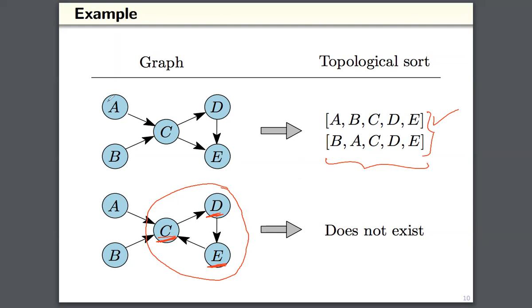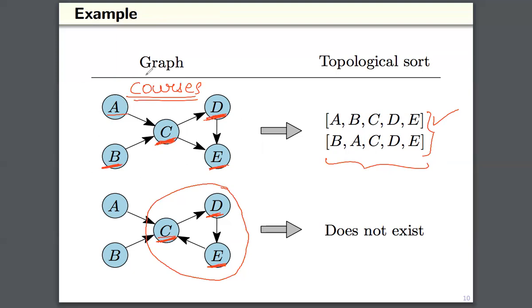Very simple. Suppose these are the courses you need to take. Suppose course A is the prerequisite for course C. Course B is the prerequisite of course C. Course C is the prerequisite of course D. Course D is the prerequisite of course E. Course C is the prerequisite for course E, right?